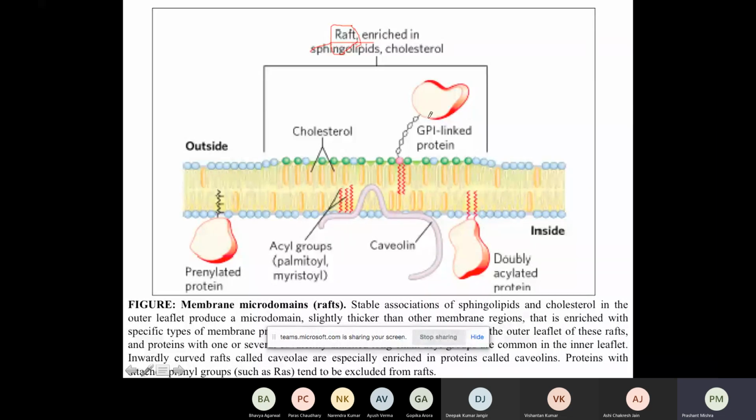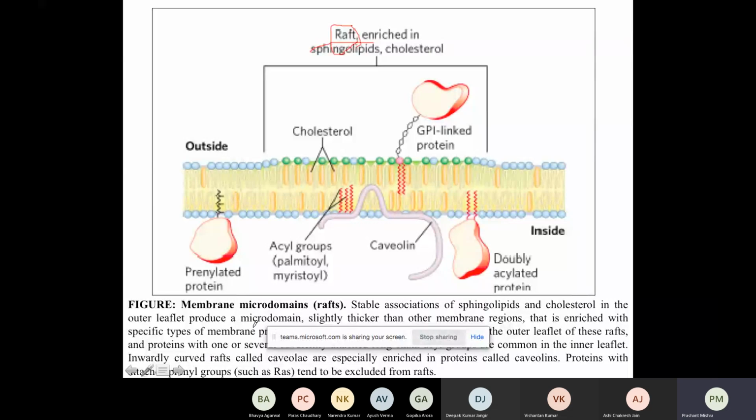I have taken one example here, another example of caveolin. So you will find that the outer leaflet will have a different domain than the inner leaflet. The inner leaflet is enriched with caveolin, whereas the outer leaflet is enriched with the GPI linked proteins, and they form a specifically enriched domain of the membrane, which is made up of sphingolipid and cholesterol.